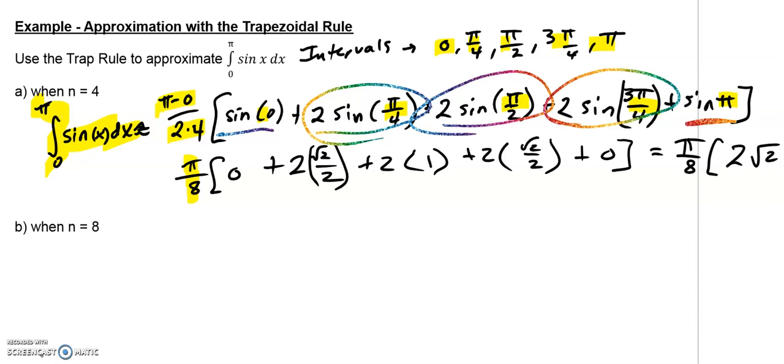Then when we simplify, the sine of 0 is 0, the sine of pi over 4 is radical 2 over 2, the sine of pi over 2 is 1, the sine of 3 pi over 4 is radical 2 over 2, and the sine of pi is 0.